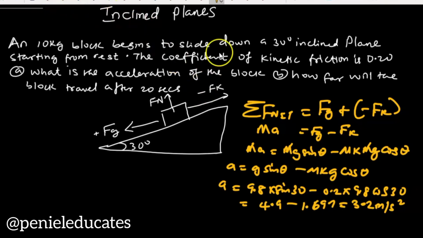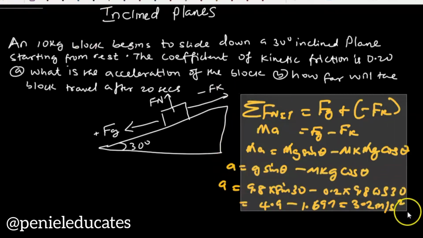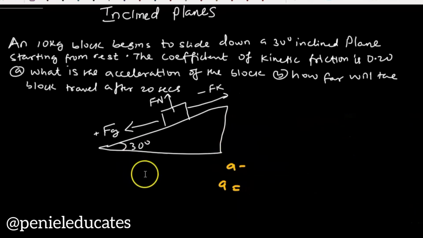Now we're asked how far the block will travel after 20 seconds. Let's do that calculation. The question is about the block sliding down, so the initial velocity u will be 0.